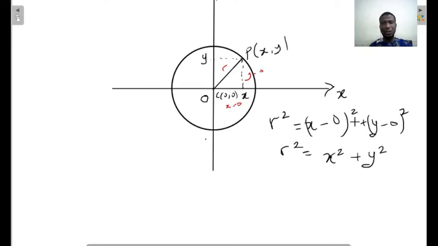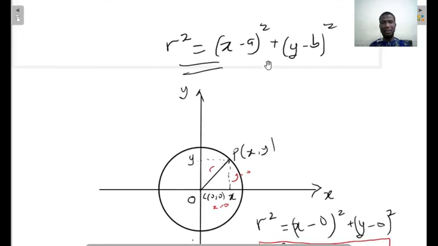So this is the equation of a circle that has the origin at the center of the circle, and the earlier one is where the center is not the origin, where A and B are the center.